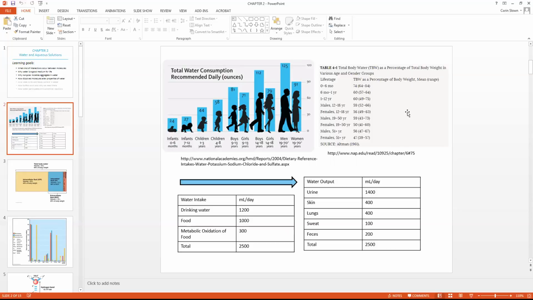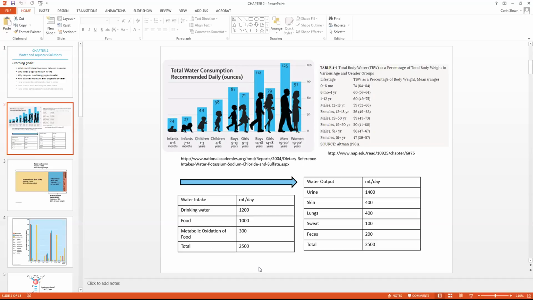But if we put this at a very personal level and we think about water intake for ourselves, it's recommended that you drink a minimum of 1,200 milliliters per day. And you probably get about 1,000 milliliters from your food. And then when we oxidize the food that we eat, we get a little bit more. And so we have this rough total of 2,500 milliliters.